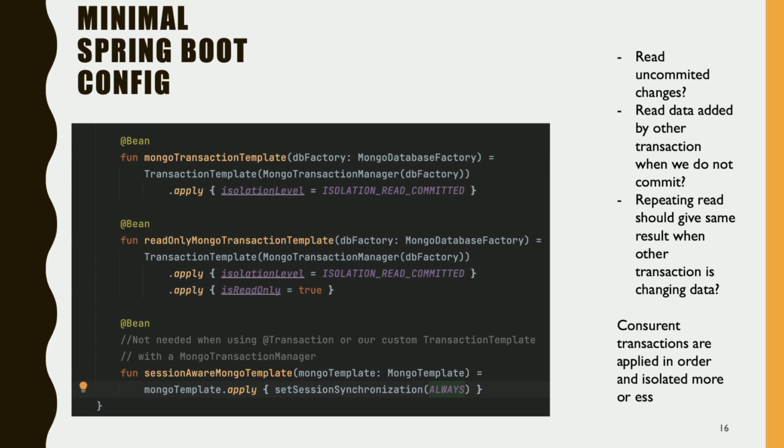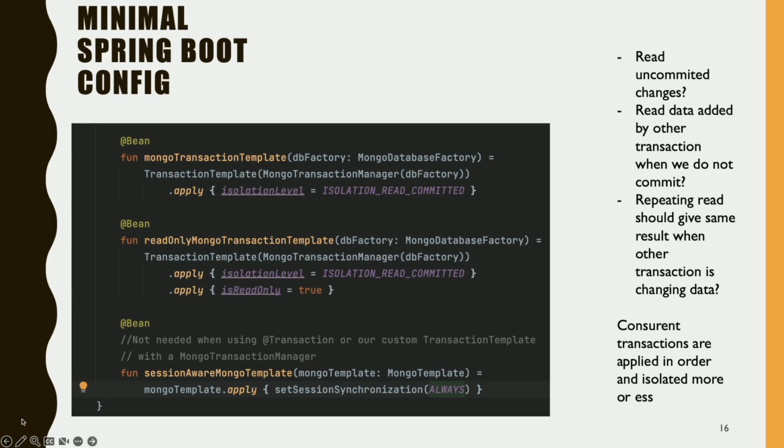Should uncommitted changes be visible or not? When I read the data twice inside my transaction, should it be different because other transactions in the meantime added something, or do I want the reads to be repeatable and so on? So, as well, it's a bit of reading on its own and a decision that we have to make.